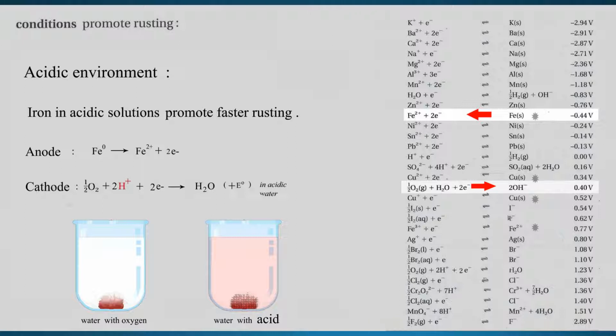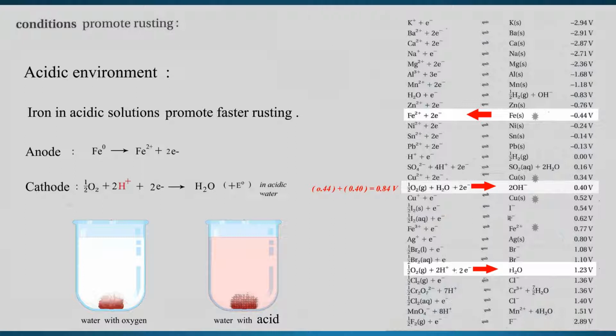And this is our earlier scenario. Or there is another option, oxygen with acid. Oxygen with acid in the water, and it will form water. So if you look onto the first one, the top one, how much is the reduction potential?